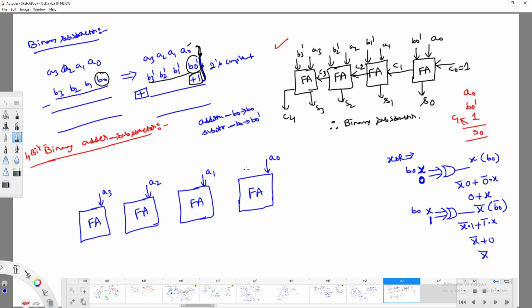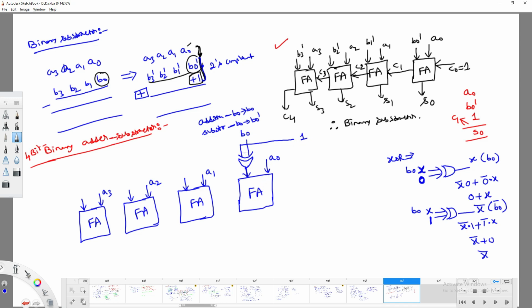Now just think about the situation. Can I use the XOR gate here? If I use the XOR gate, which takes B naught as input, and for the other input I give 1, what is going to happen?